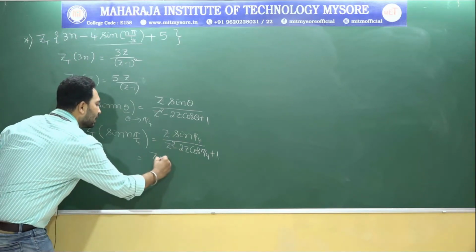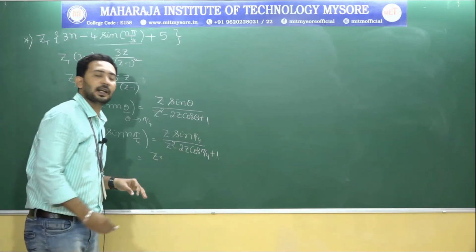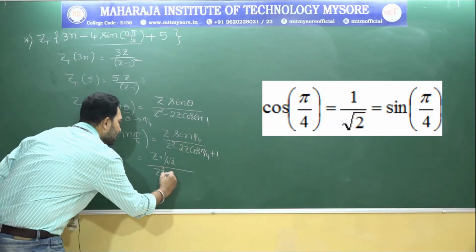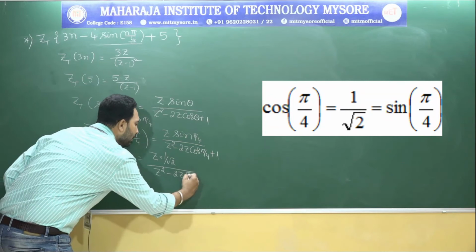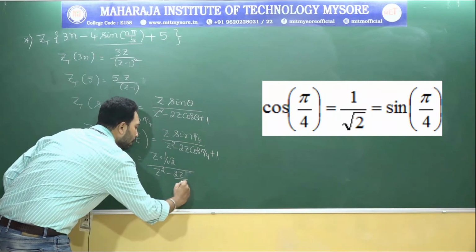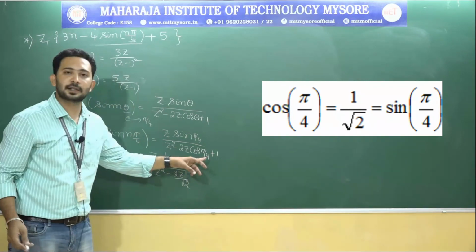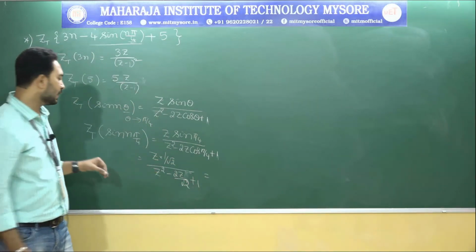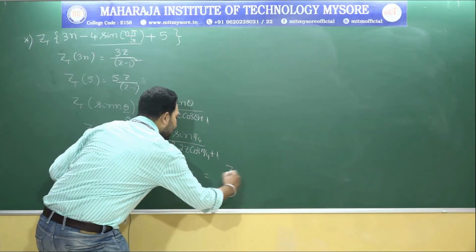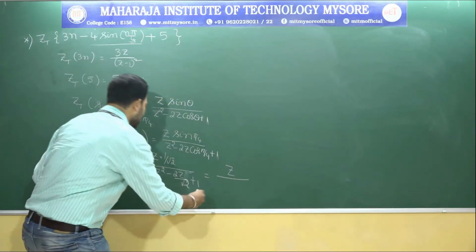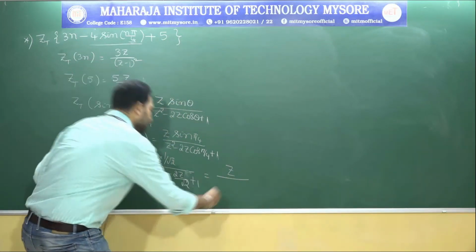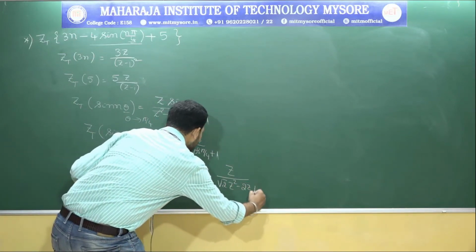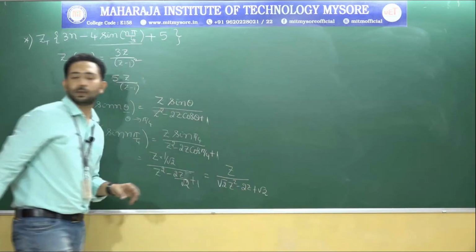Sine 45 degree is 1 by root 2, and cos 45 degree is again 1 by root 2. If I take root 2 LCM, we will get z divided by root 2 z square minus 2z plus root 2.